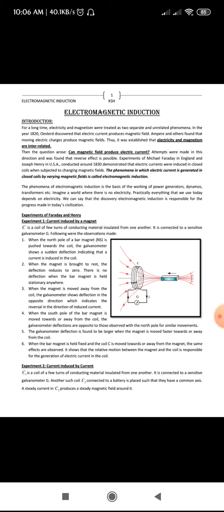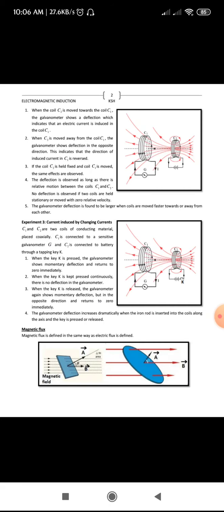Next, coming to experiment 2, the current induced by current. In this case you have two coils with a common axis. One coil, C1, which has some number of turns, is connected to a galvanometer. The second coil, C2, also has some turns and is connected to a battery.